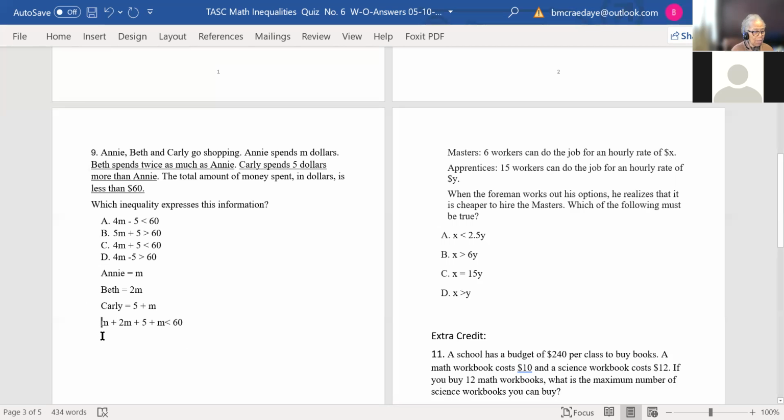Yes, that's right. 1M plus 2M is 3M, plus 1M again is 4M. So you have 4M, and we still have that constant 5, plus 5, and that would be less than 60.